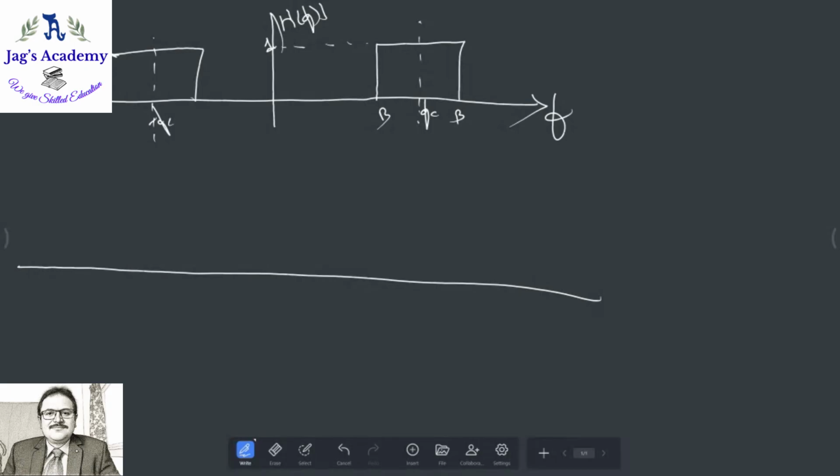This is also B, this is also B. That means this is Fc minus B, this will be Fc plus B, yes or no? If this is 2B, okay, so this will be Fc minus B, this will be Fc plus B, yes or no? It's quite obvious from here, all of you can understand this, right?